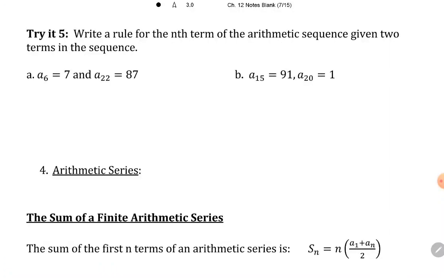Okay, write a rule for the nth term of the arithmetic sequence given 2 terms in the sequence. So they don't give us the first term, they give us 2 different terms. Okay. So how do we solve these? Well, it's a little bit harder because we have a sub 6, and that gives us one equation here. a1 plus 6 minus 1 times d.